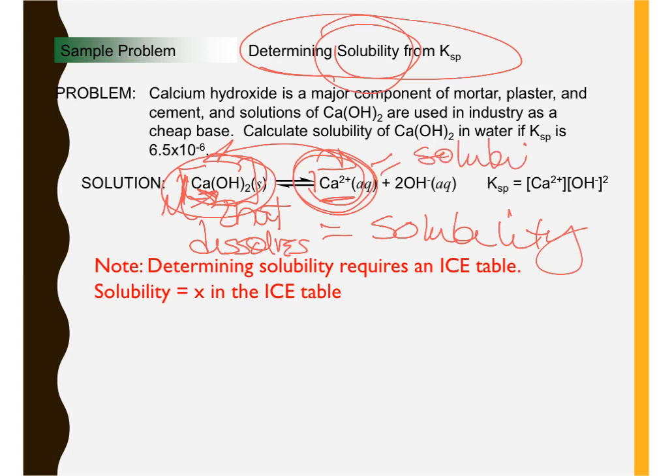So the bottom line is solubility is X in your ICE table. If you were writing an ICE table, you would give X for calcium ion and 2X for the hydroxide ion. When you solve for X, that is going to be your solubility. So let's go ahead and work this one through.